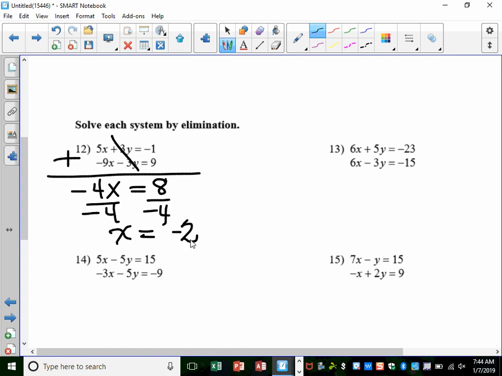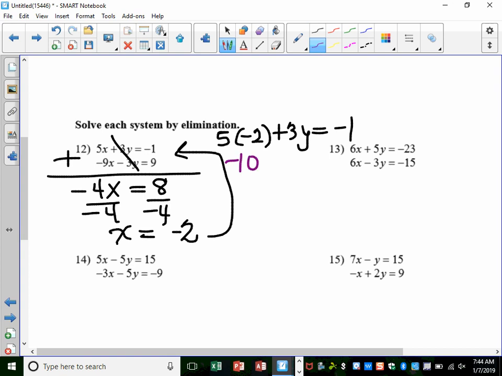Then you can substitute this answer into either one of these equations at the top, the first or the second, to solve for y. So I'm just going to go back to the first. Okay. So I'm going to have 5 times negative 2 plus 3y equals negative 1. So this will give me negative 10 plus 3y equals negative 1.